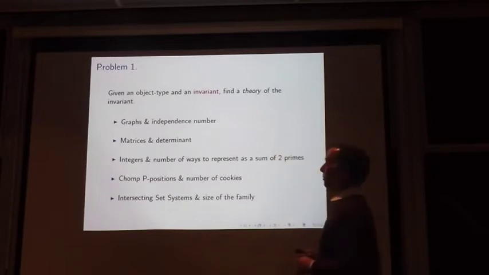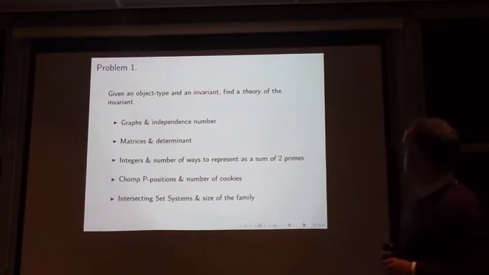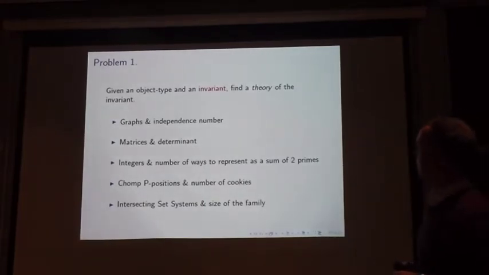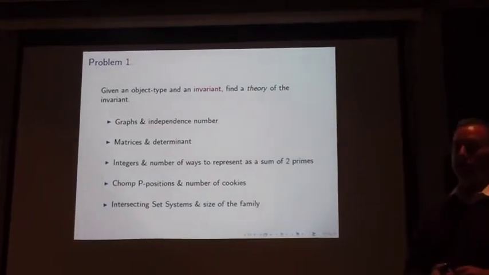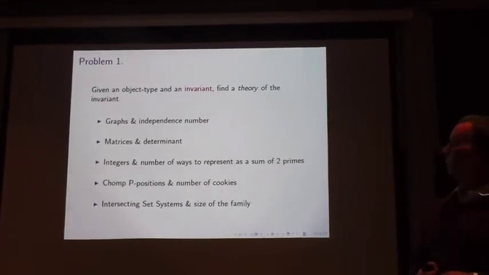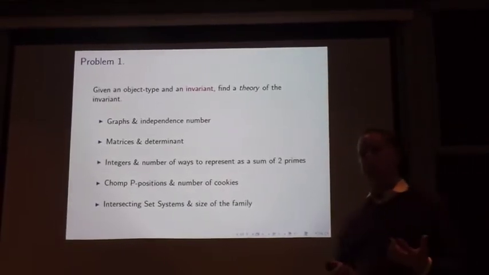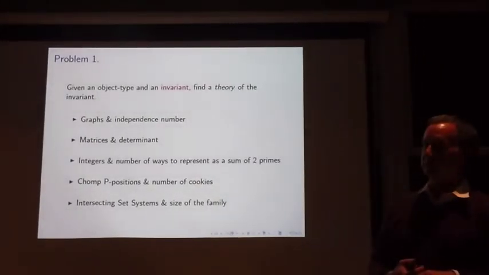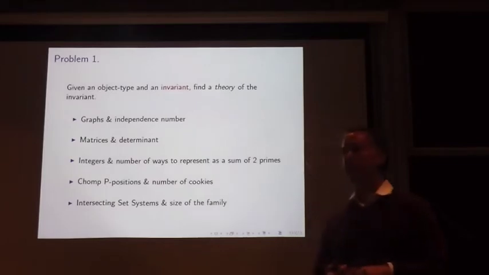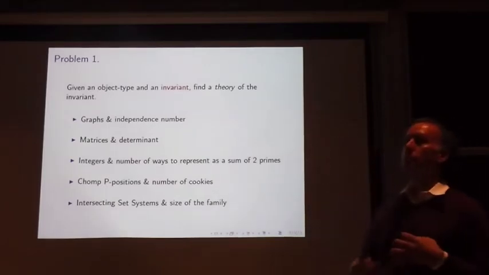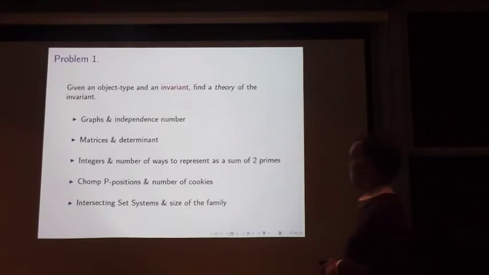So I'm a graph theorist. Most of the examples that I've worked on are for graphs. The independence number is an NP-complete graph invariant, so you won't find, say, a polynomial time formula for the independence number of a graph. But maybe the theory here would be upper and lower bounds for the independence number. Maybe you could keep improving that theory.